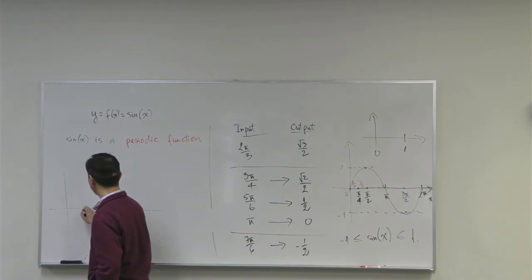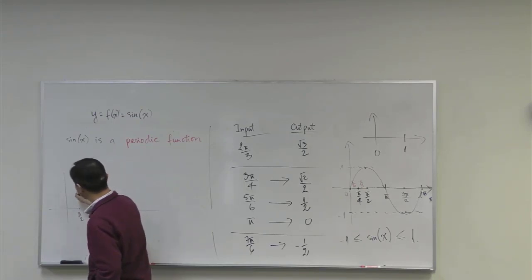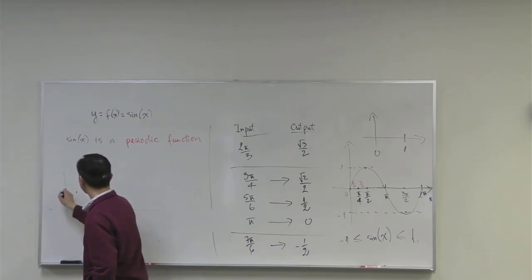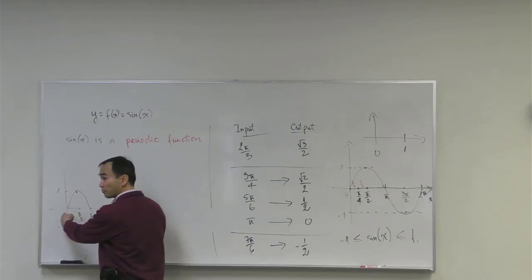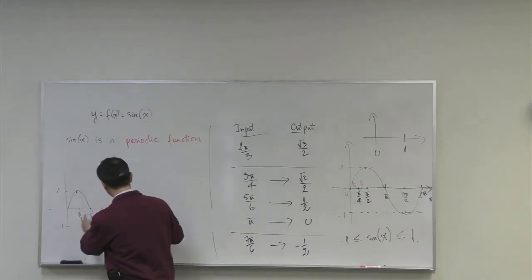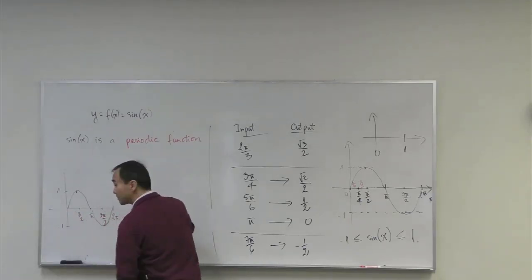Halfway, that's a pi, and then there's a pi over 2 here, and there's a 3 pi over 2, right? And just like you already see, 1 is the high, -1 is low, we hit high, it's back to 0, hits down here, and that. So the rest of the graph really is built on that one complete unit, right? That's why it's called periodic, because it keeps repeating itself.